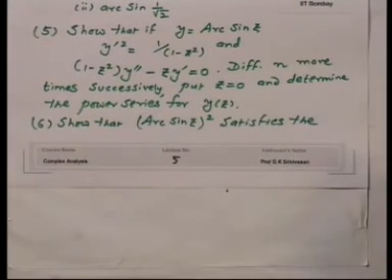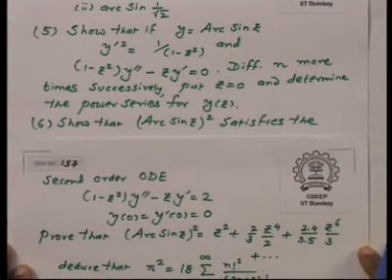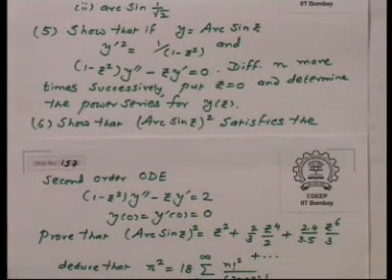Same is the case in the next question. Show that arc sine z the whole squared satisfies the second order ODE 1 minus z squared y double prime minus zy prime, and then you have y of 0 equal to y prime 0 equal to 0. So once again you can find the series solutions of the second order ODE, and thereby you can obtain the power series for arc sine z the whole squared.